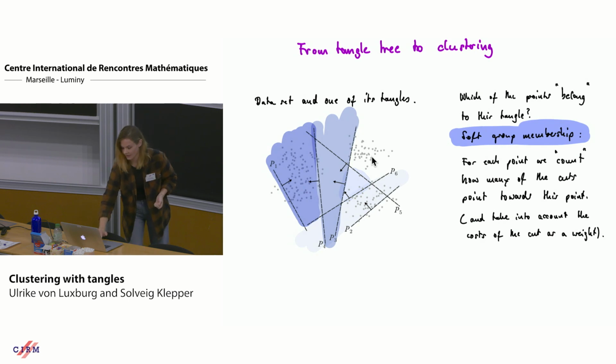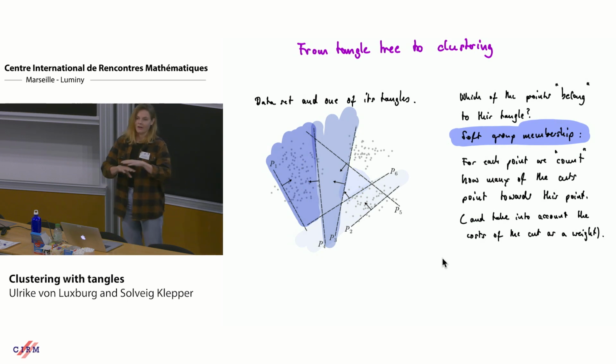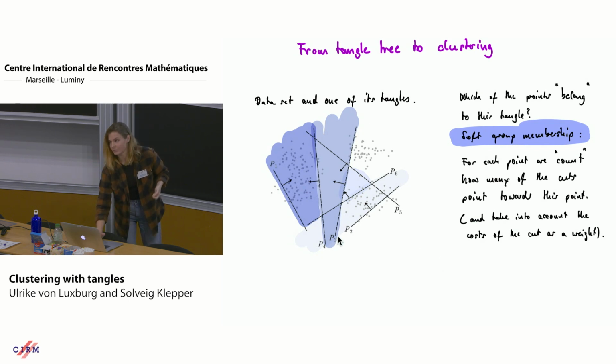In this case it's, I think, 3 for an object in this area and 6 for an object in that area. We do some normalization, and we can also include the cost of the cuts if we want. We get a value that aims to capture the likelihood of a point to belong to the tangle we put here.